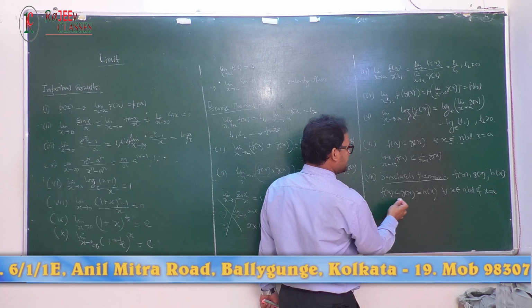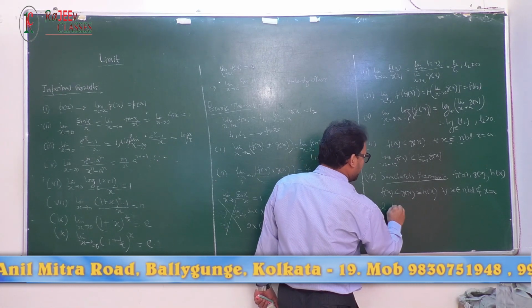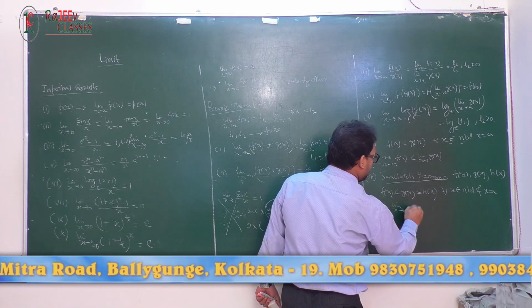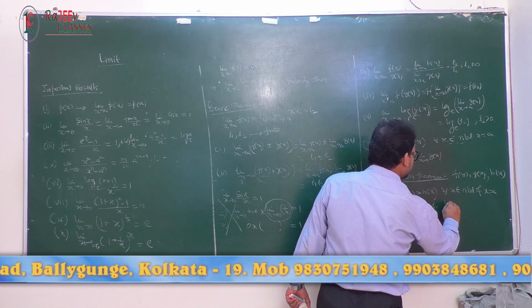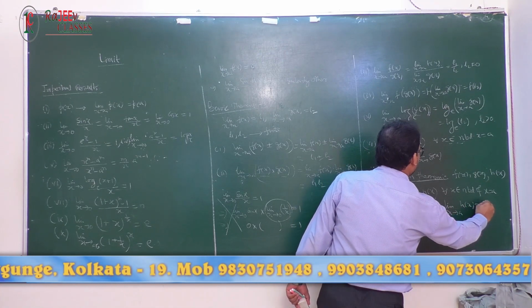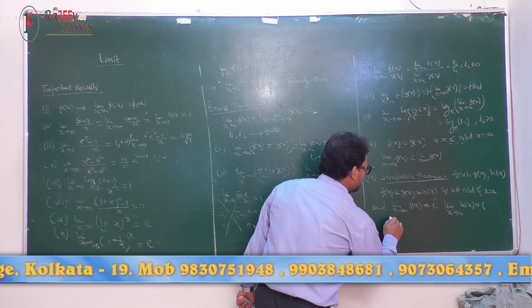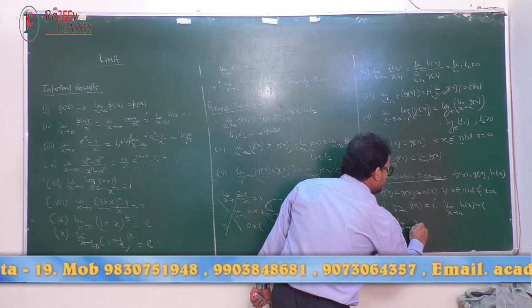And we have the limit as x tends to a of f(x) equal to, suppose, a, as well as the limit as x tends to a of h(x) equal to a. Then by the Sandwich theorem, the limit as x tends to a of g(x) is equal to a.